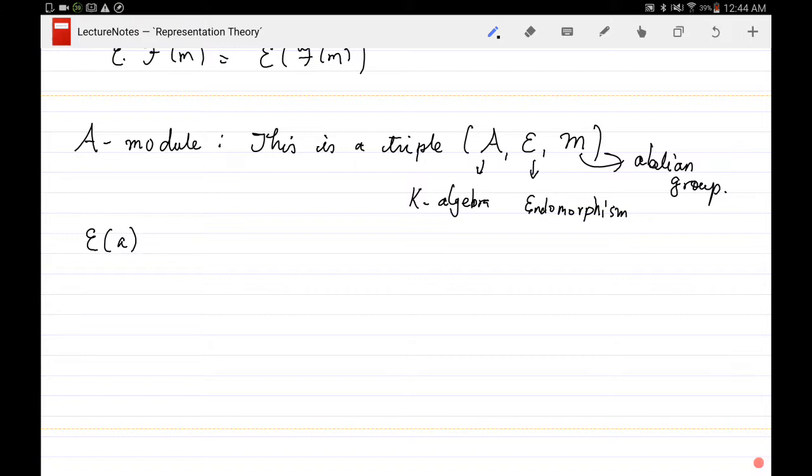It acts on it and returns an endomorphism like that, which can then act. So psi of a, where a is in A, and then that can act on M.